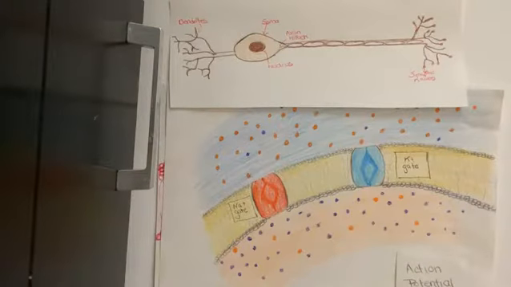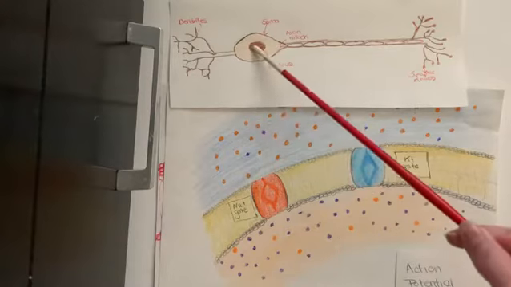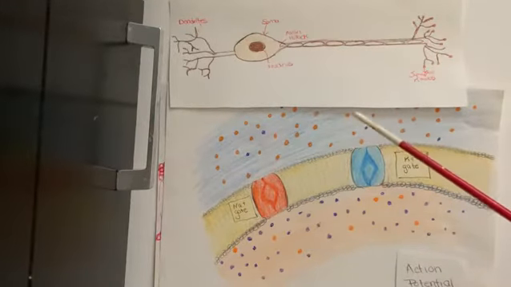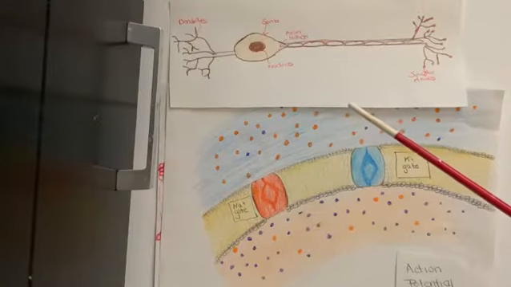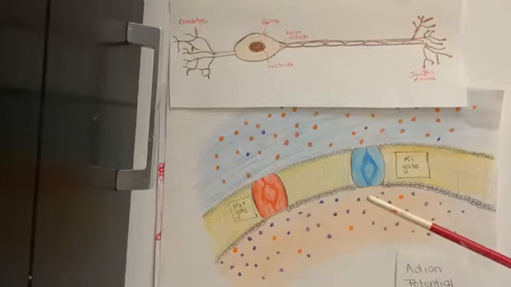So when the action potential is happening, going through the soma and reaching the axon hillock, it begins to depolarize the hillock's resting membrane potential, the negative 70 millivolts.